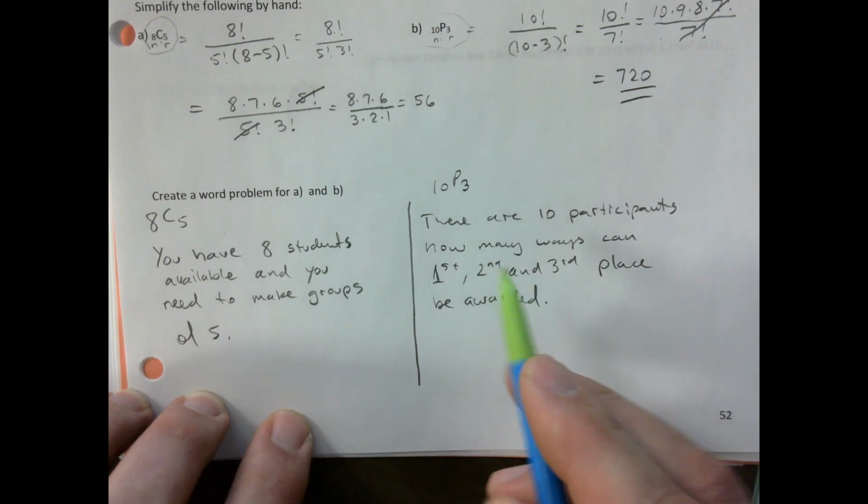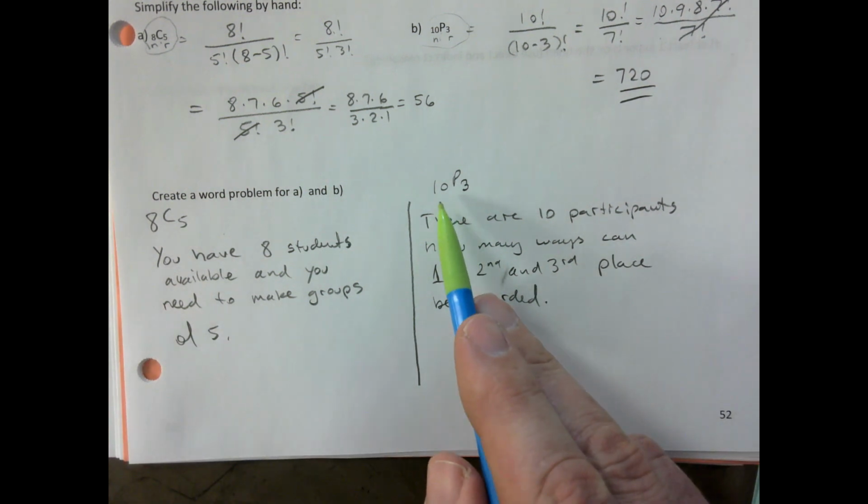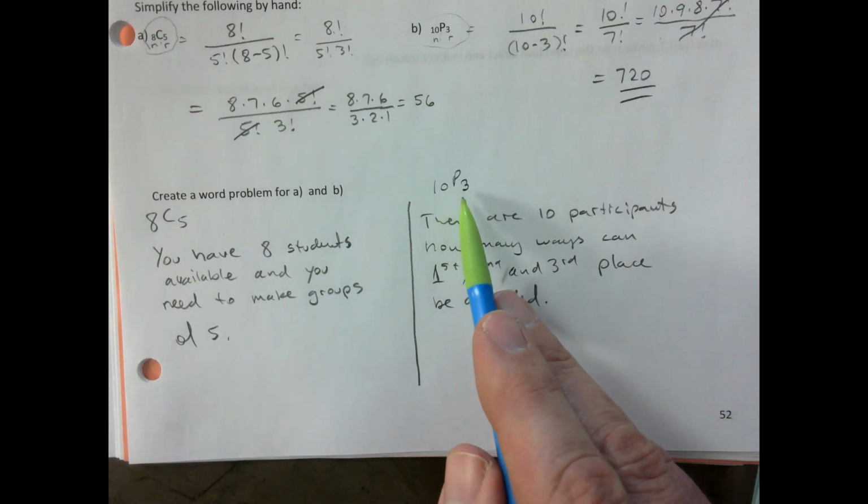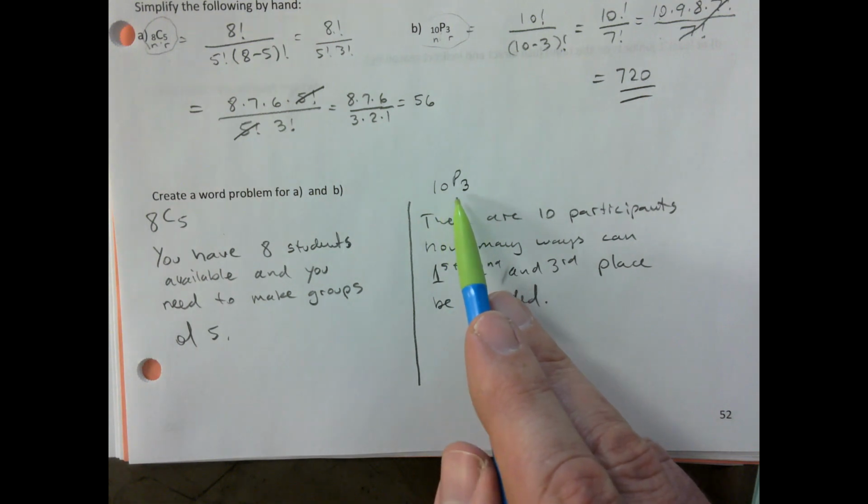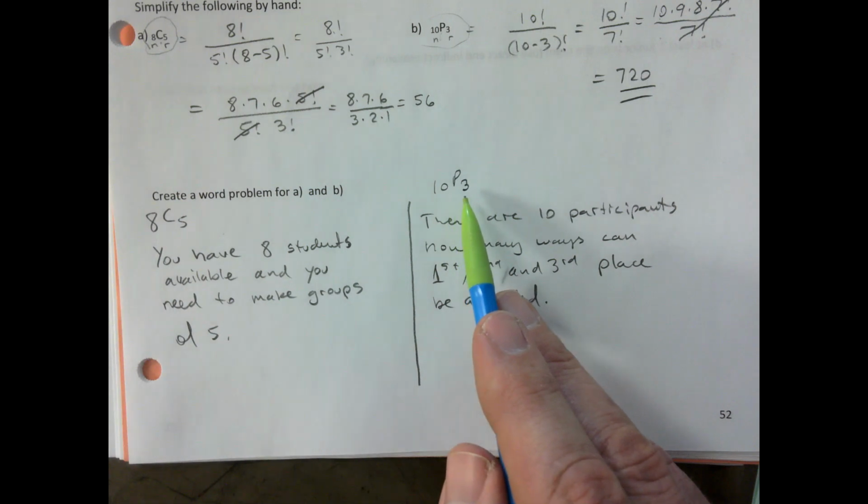Another option would be you have 10 participants and how many ways can you take pictures when you select 3 at a time? Okay, you're selecting 3 at a time.